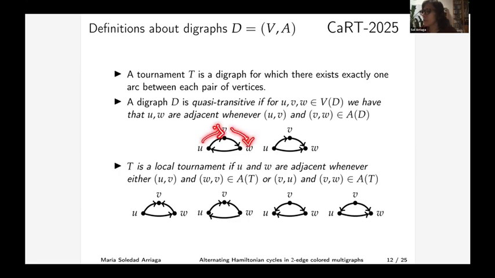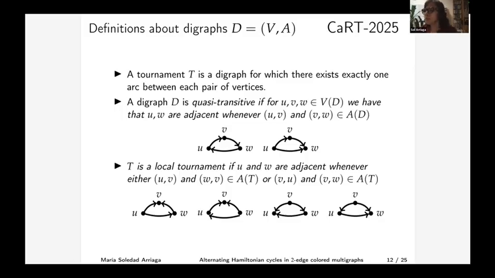So if you have uv, vw, then you must have one arc, either wu or uw. And finally, it is a local tournament if u and w are adjacent, again in one way or another, whenever we have the arcs uv and wv, or we have the arcs vu, vw.